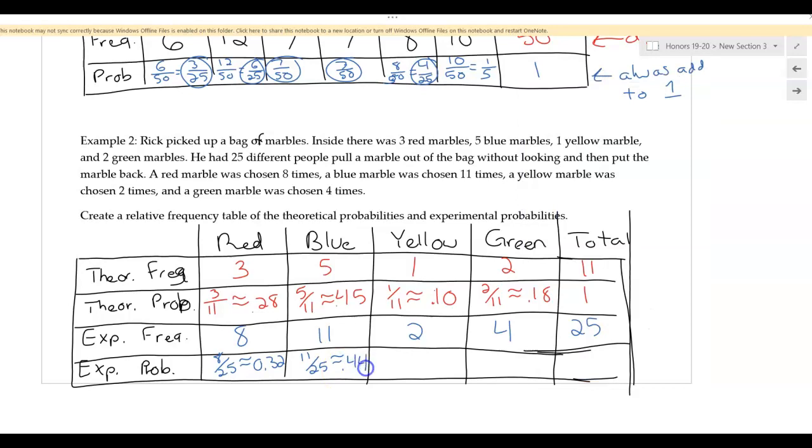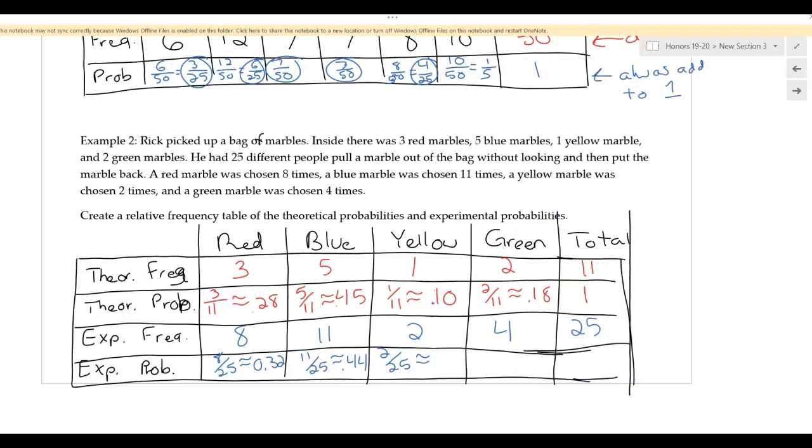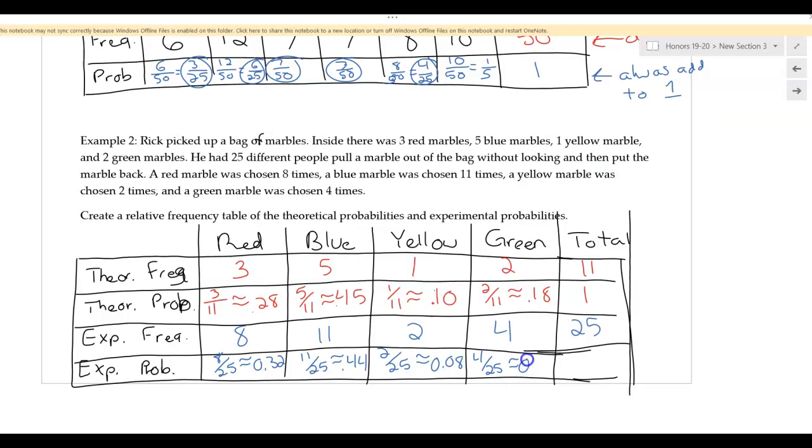That one's really close. 2 out of 25, which is 0.08. Which again, kind of close. And then 4 out of 25, which is 0.16. Again, kind of close. Okay? So again, if I added all of these up, I should get 1.